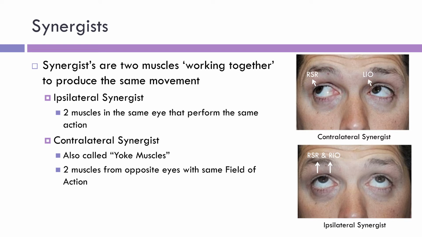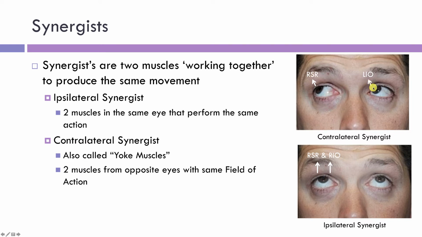What are synergists? Synergists are 2 muscles working together to produce the same movement. So if I take again the right superior rectus, and this muscle contracts so that we can elevate in right gaze, it will also do so alongside the left inferior oblique, because we're not going to have just this eye move into up gaze, up and right, into dextral elevation.